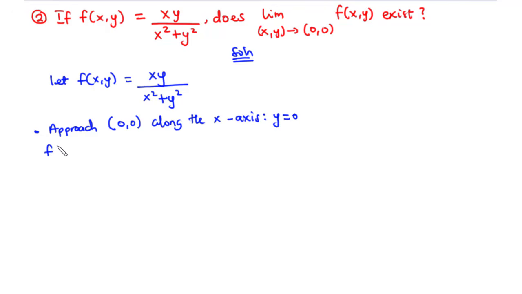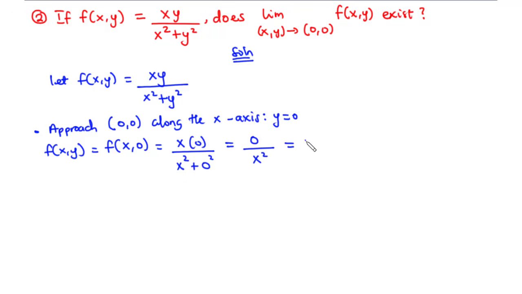Therefore we have f of x comma y, that is equal to f of x 0. So wherever we see y, we are going to plug in 0. So we have x times 0 divided by x squared plus 0 squared. Now this is equal to 0 divided by x squared, and this is equal to 0.